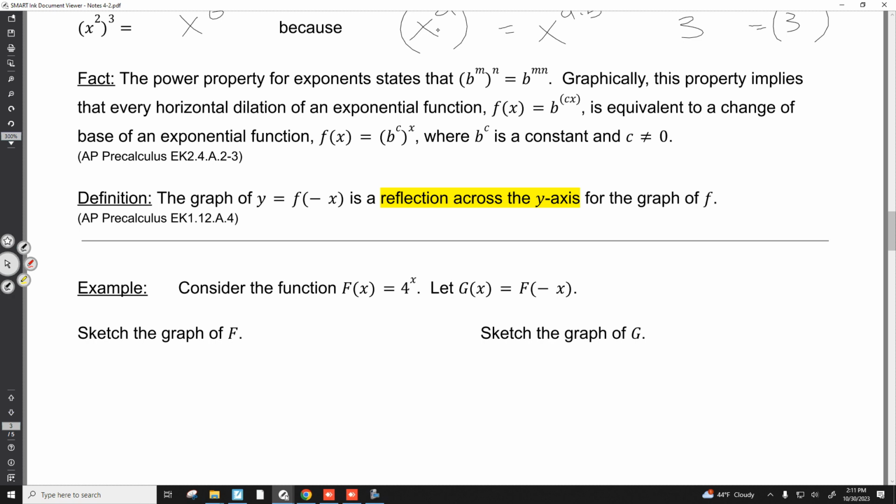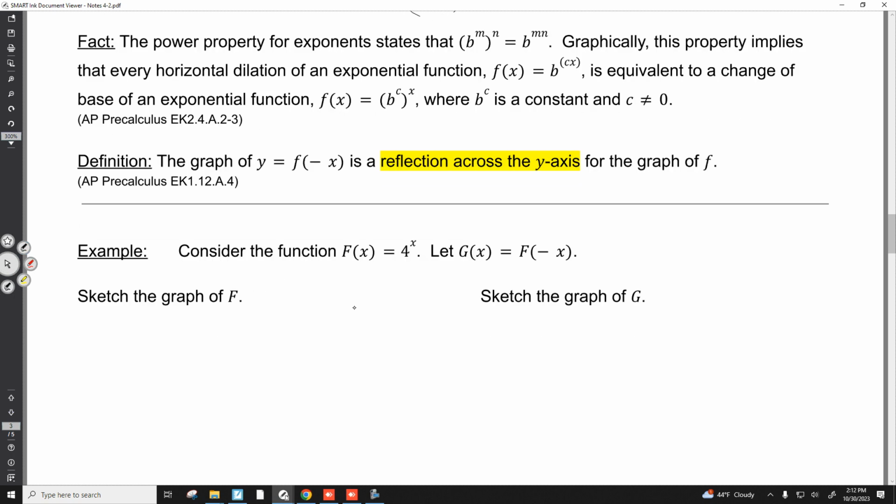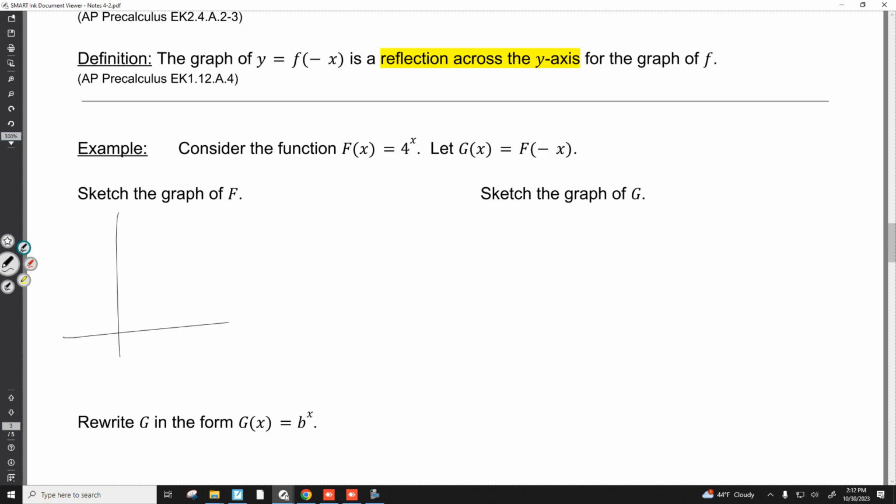Okay, but here's an example of some horizontal change in terms of a dilation. If we put a negative in front of x inside the function, this is a horizontal reflection. This is new to you, but it's not new to you if you took algebra 2. That means 4 to the x, which looks like this, starts at 0, 1, increases by 4, exponential growth.